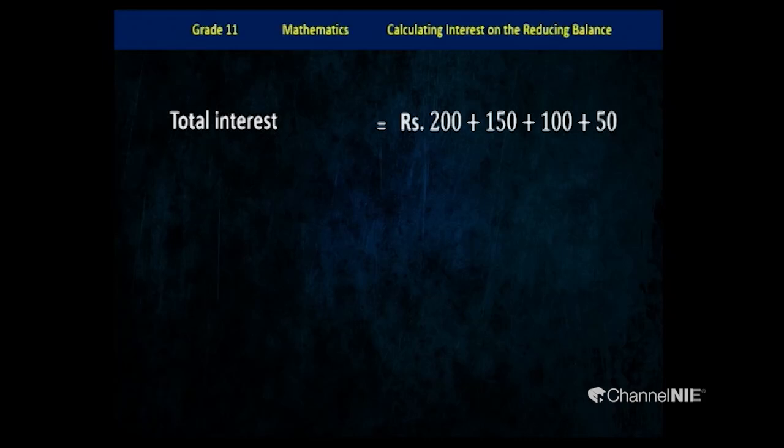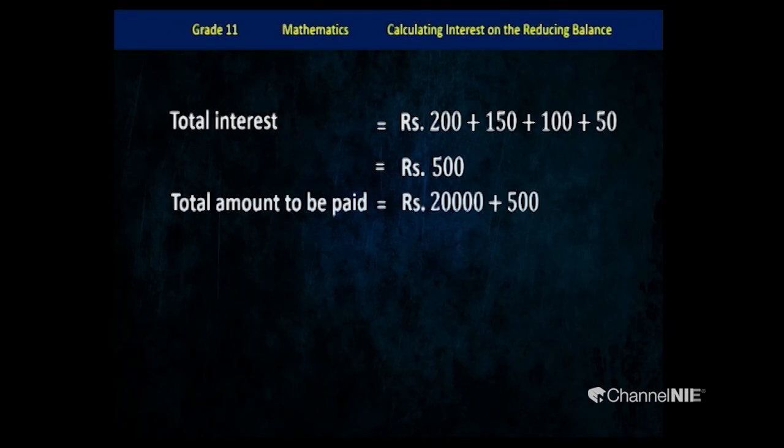Then how can we do that? We can get the total interest. The total interest is 200 plus 150 plus 100 plus 50. Then what is the total interest? Total interest is 500. Therefore, during the first 4 months, you have to pay 500 rupees interest. Now let's add it to the amount: 20,000 plus 500.